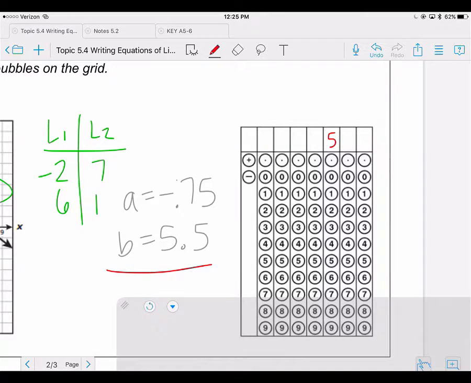You could put 5.5 here. You could put it in the middle. The only thing you can't do is put it split up like that, because that doesn't mean 5.5. So you can put 5.5 wherever you want. I like to put it at the beginning so I don't have to worry about anything else at the end. And then we bubble 5, the point, and 5.